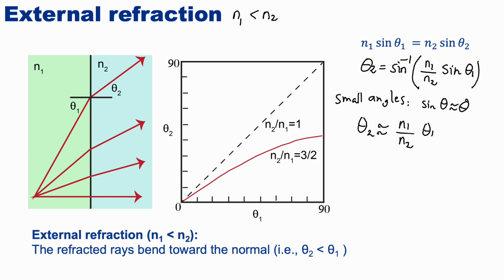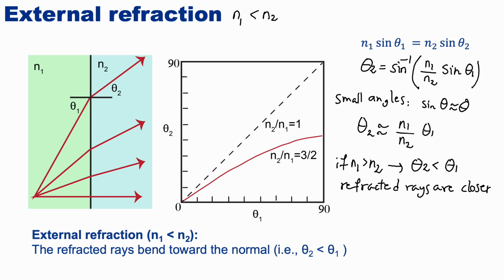Why do I want to make that approximation? Just to see that if n1 is smaller than n2, this ratio is going to be below 1. So that means theta 2 needs to be smaller than theta 1. So the refracted rays are closer to the normal.